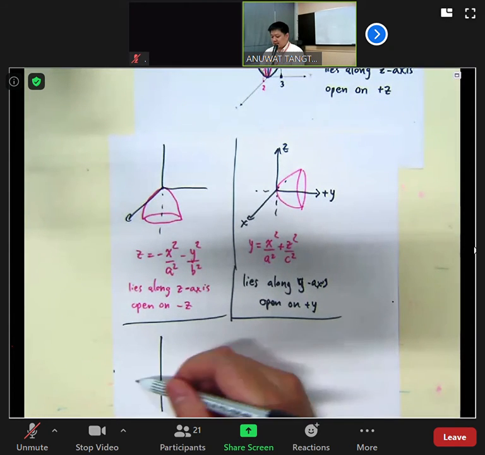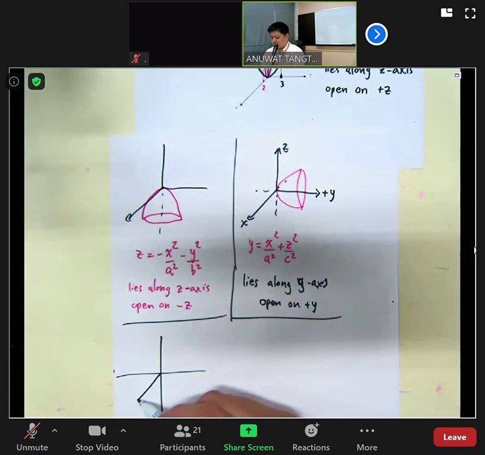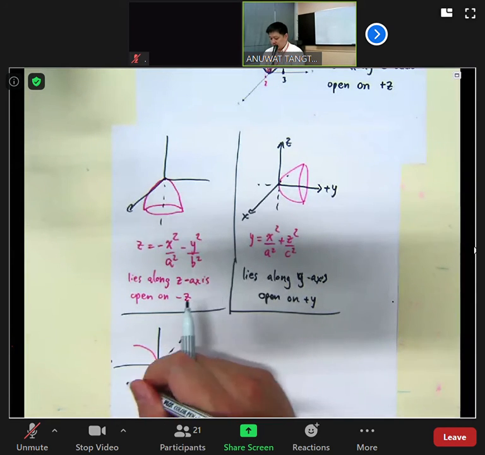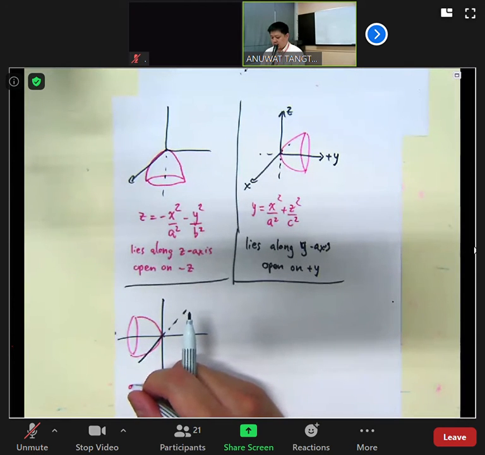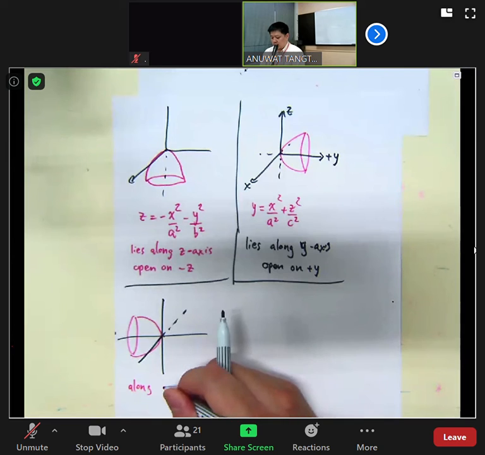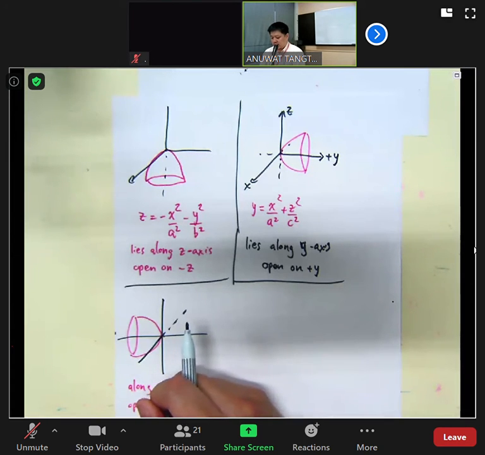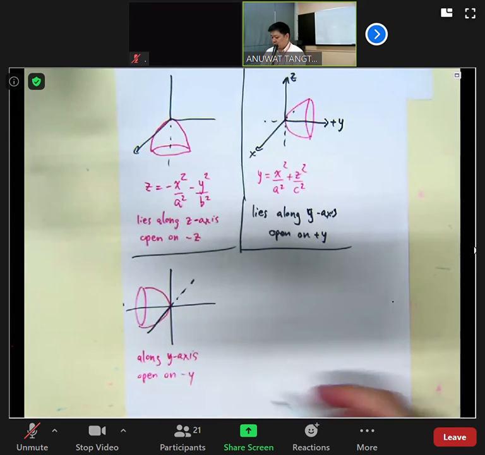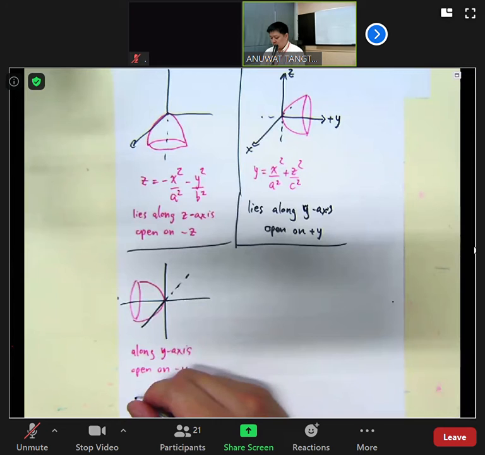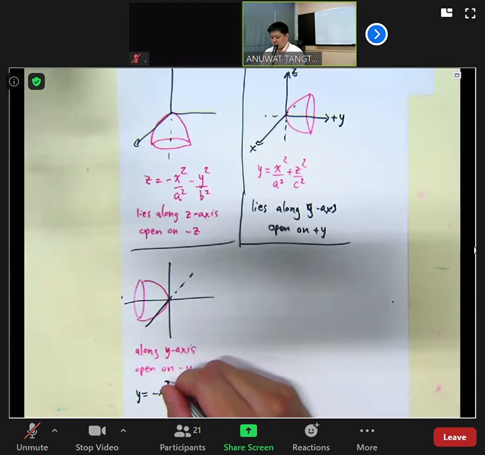And you can guess another 3 cases. This is open on negative y, along the y-axis, so its equation should be y equal to minus x squared over a squared minus z squared over c squared.